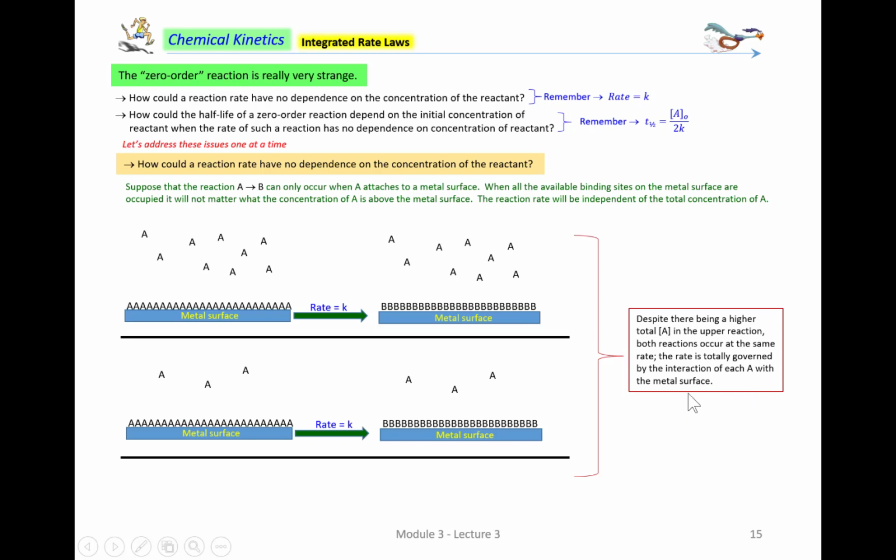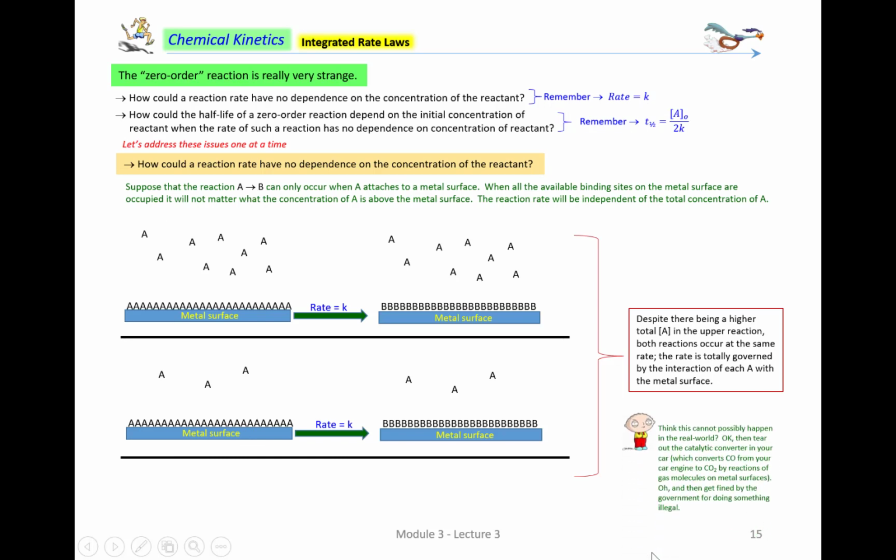So again, the overall rate does not depend on the total concentration of A. It only depends on the interaction of A with the metal surface and going to B. So now we can say, okay, the rate overall is a function of just the rate constant. It's not a function of the total concentration of A.